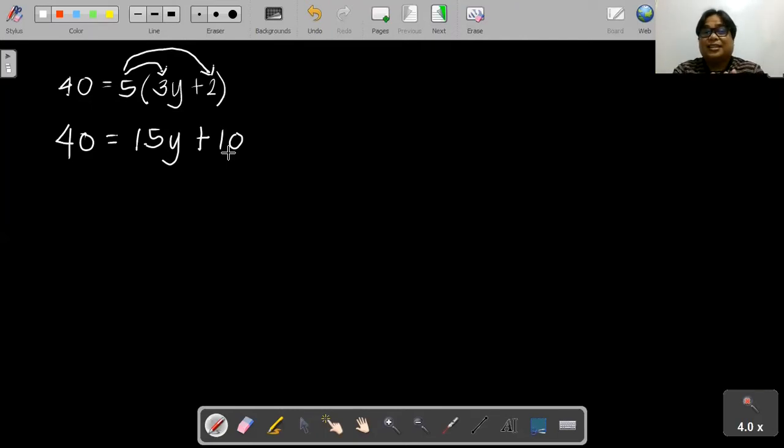After doing that, as I've told you before, you need to separate the constants from the ones with the variables. So 40 here needs to be joined by another constant from the right side.